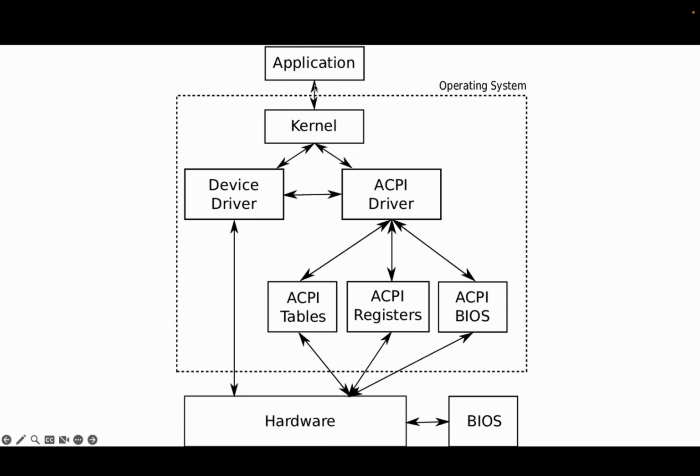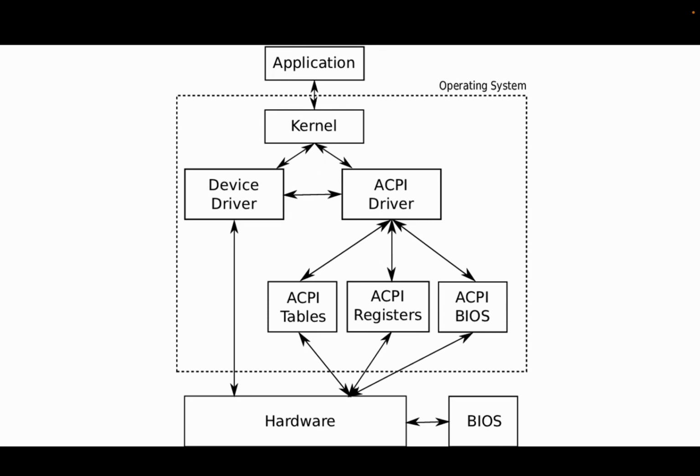In our case, we are trying to communicate with the kernel space using a custom driver. That's basically what I did. I added another kernel module as a driver, so my custom application can contact the kernel. Then the kernel can communicate with the ACPI driver through the device driver, and the WMI is, from what I understood, inside the ACPI driver.